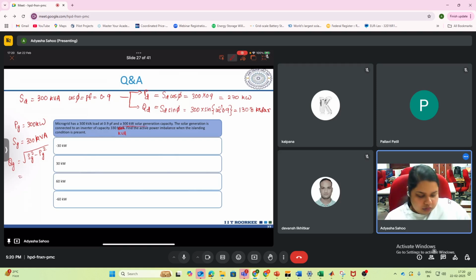So that will give you 137.5 kilowatt. Now here you have been asked the active power imbalance. So delta P will be PD minus PG, which is 270 minus 300, giving you minus 30 kilowatt.